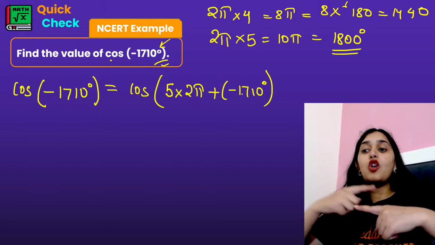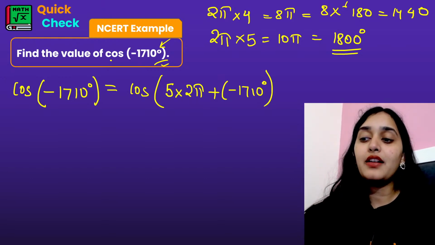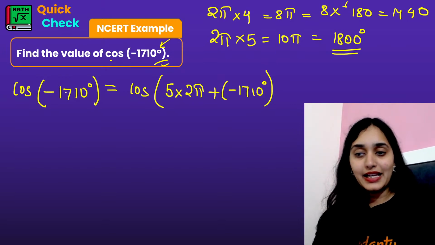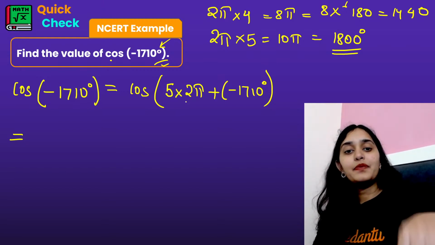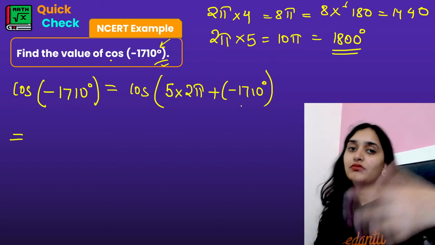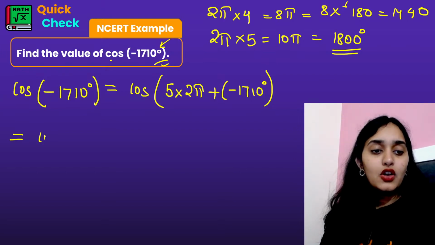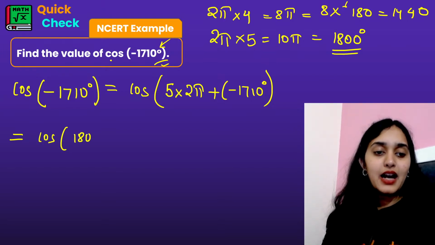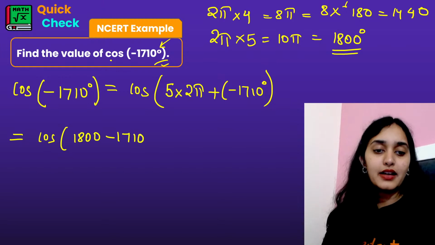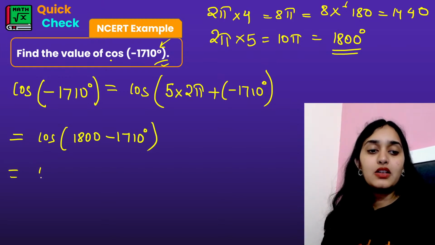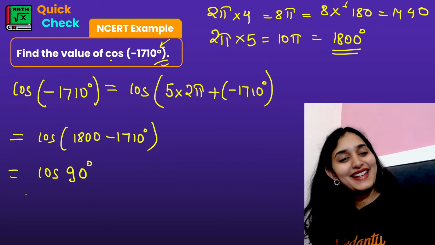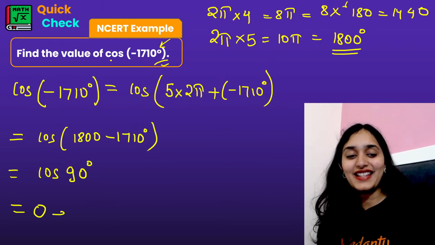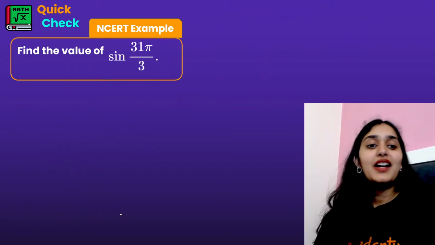Why? Because cos repeats itself after every 2 pi radian, right? Now, we know that cos theta and cos of 2 pi plus theta are one and the same thing. So cos of 1800 minus 1710 degree is how much? It is cos 90 degree. And how much is cos 90 degree? 0. So this is your answer. Simple, right?